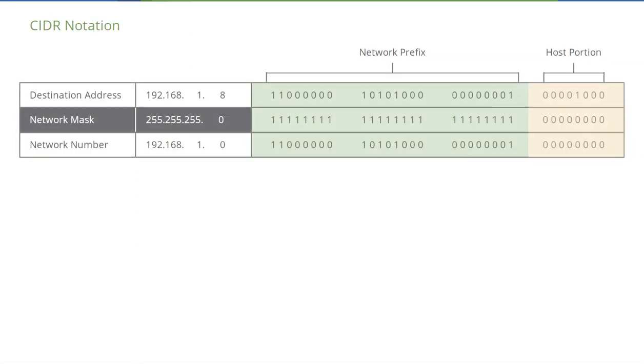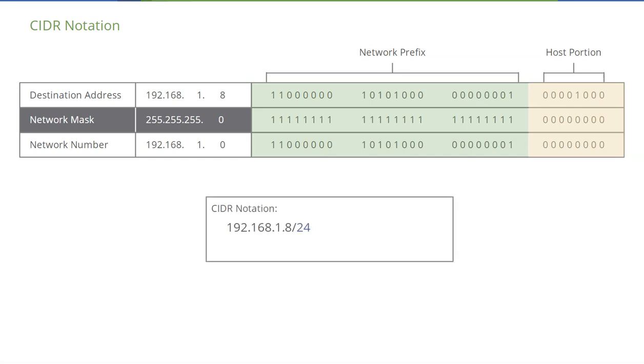The introduction of classless interdomain routing, or CIDR, helped alleviate this confusion somewhat. With CIDR notation, also known as slash notation, the address is still shown using dotted decimal format, but it is followed by a / and the number of bits used in the network prefix.